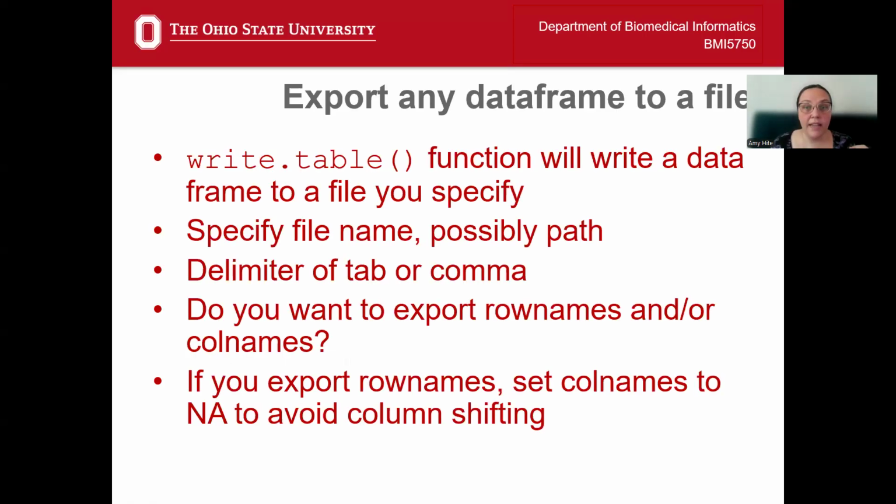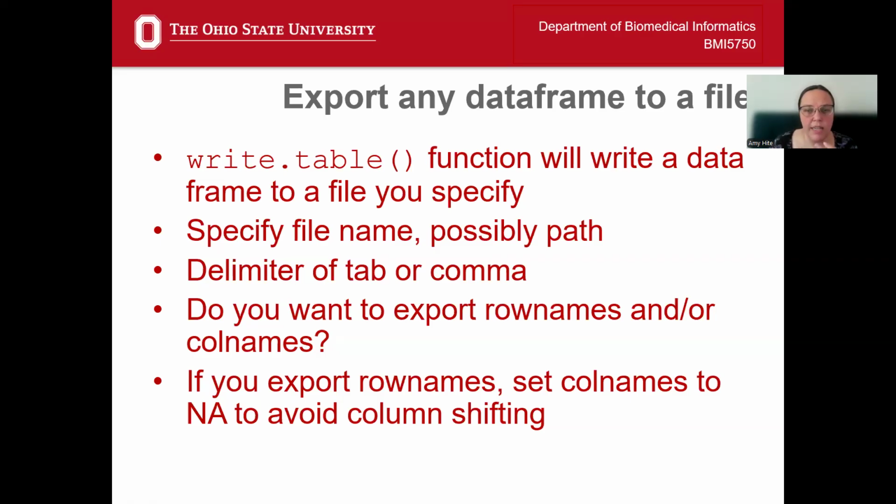So just like we had read.table, we have write.table. It's a function that will write a data frame to a file that you specify. You would tell it the file name, possibly the path, if you don't want it in your working directory. Tell it what you want to delimit it with. A tab or a comma is most common.